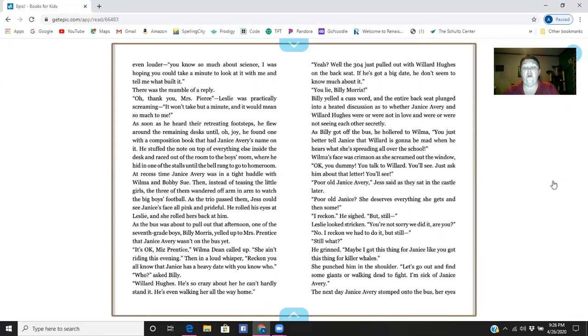He's even walking her all the way home." "Yeah, well, the 304 just pulled out with Willard Hughes on the back seat. If he's got a big date, he don't seem to know much about it." "You lie, Billy Morris." Billy yelled a cuss word, and the entire back seat plunged into a heated discussion as to whether Janice Avery and Willard Hughes were or were not in love and were or were not seeing each other secretly.